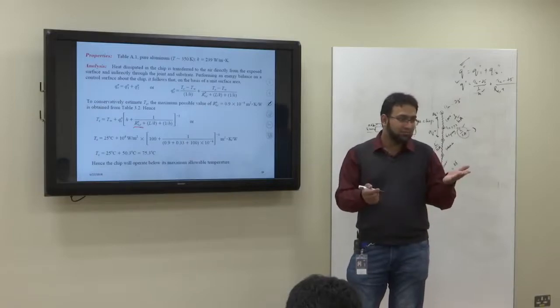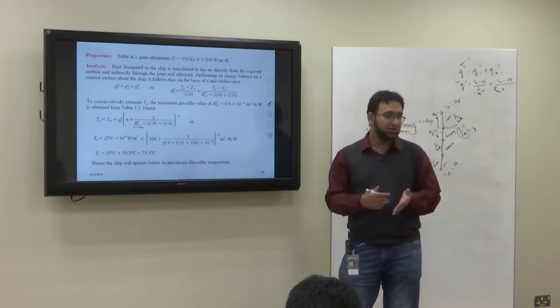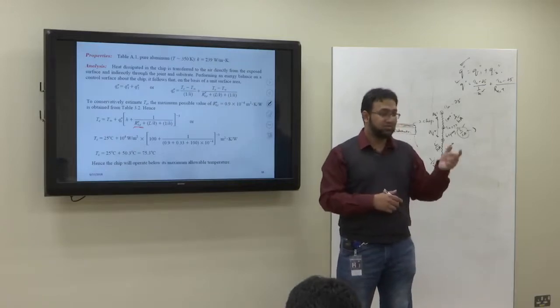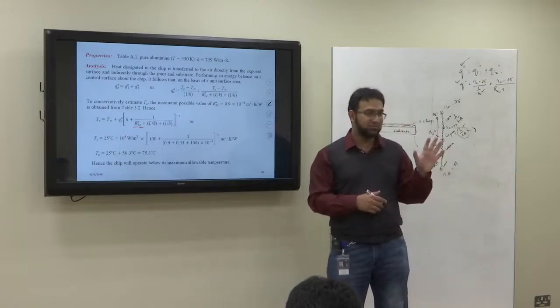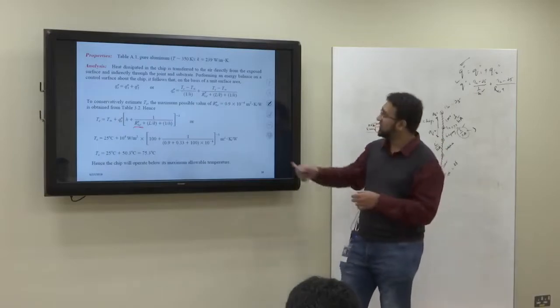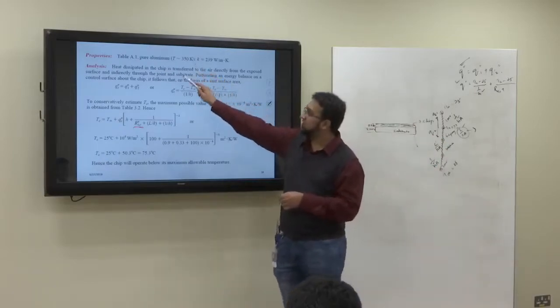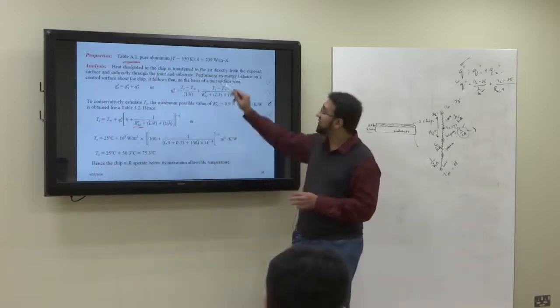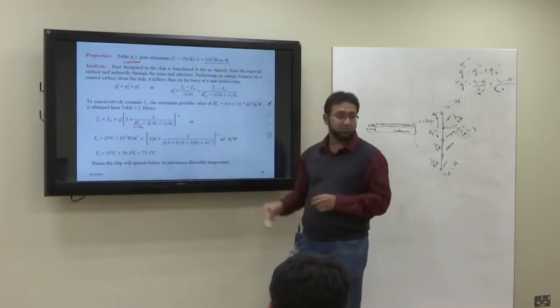Because aluminium's K, thermal conductivity, was not given in the question. But the temperature was given at which it's going to operate. So pure aluminium, Appendix A, Table A1, will give you the K value, 239 watt per meter Kelvin.